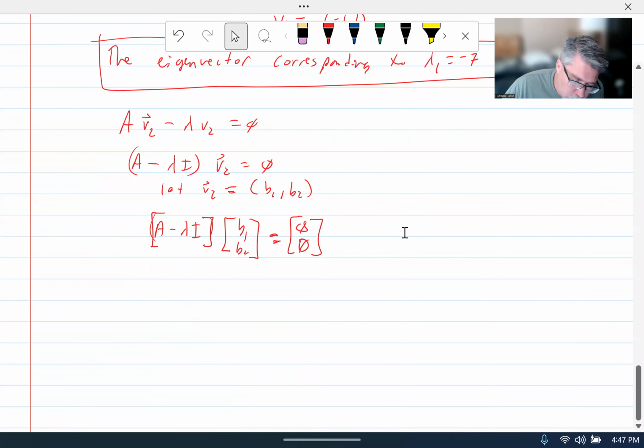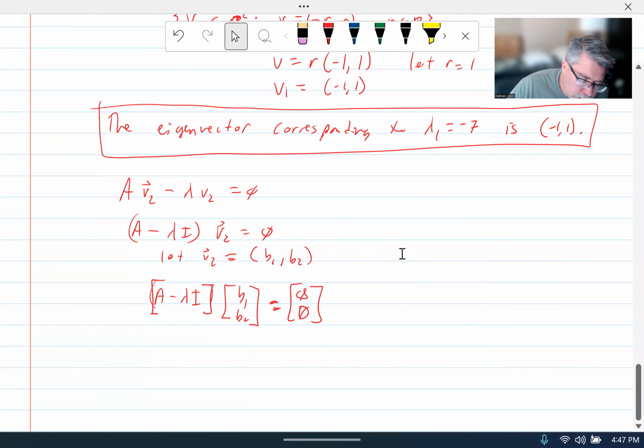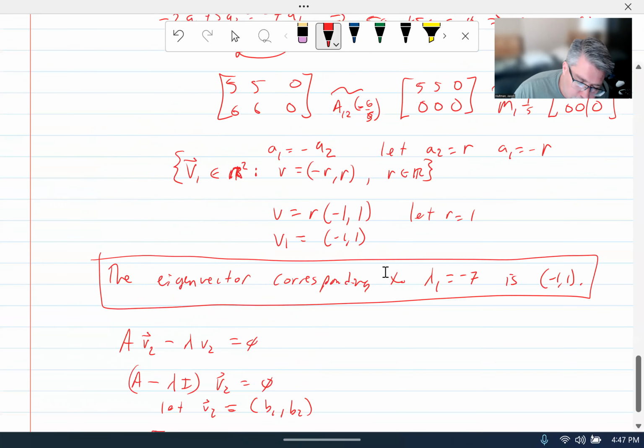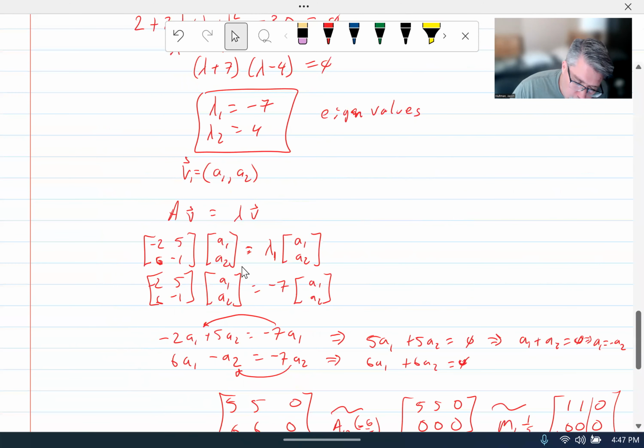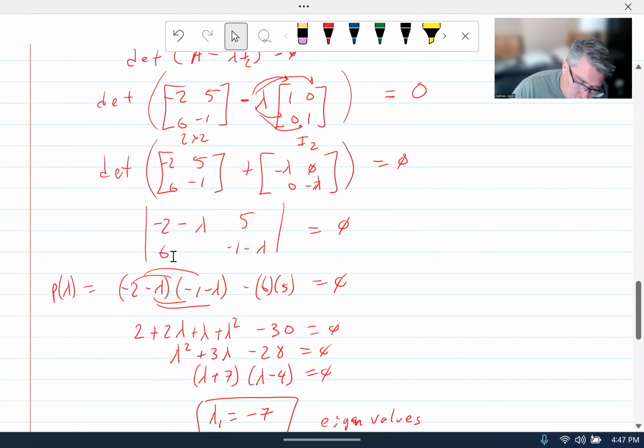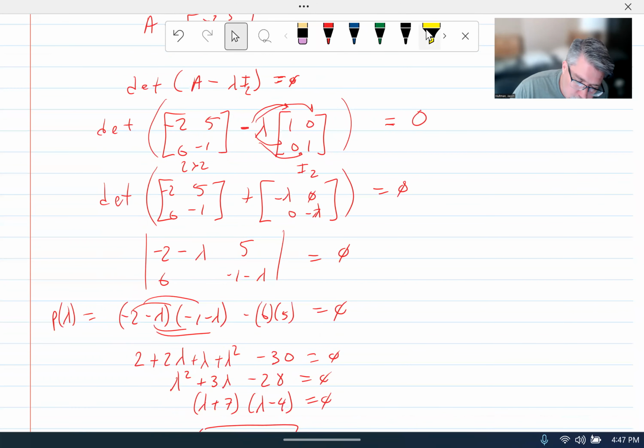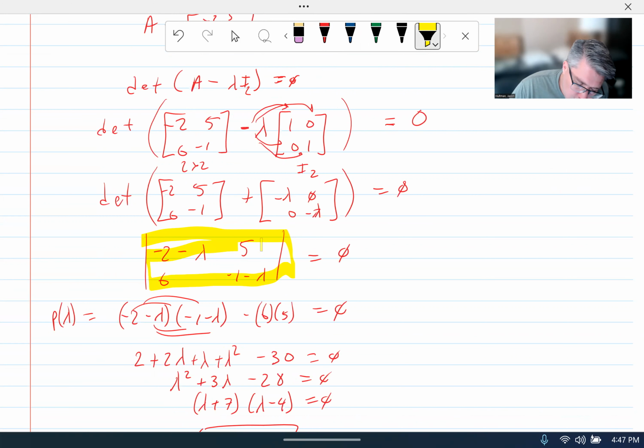Okay, and so what was A minus lambda I? Well, that was just from up above. It was right here. A minus lambda I equals 0 is actually right here. So we already have that done above, so let's just use it, and then we'll solve.